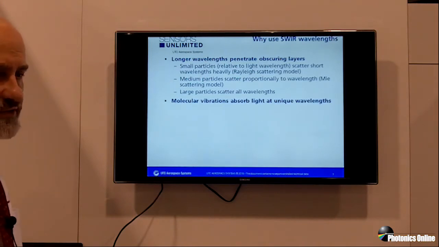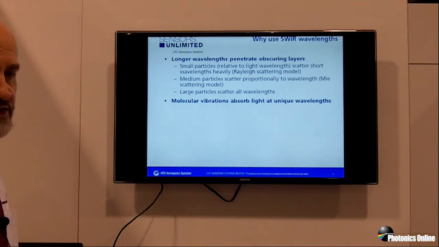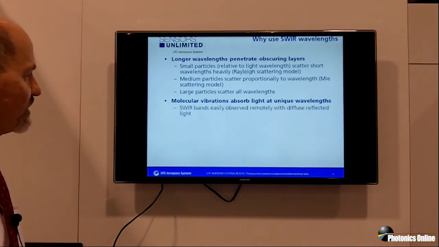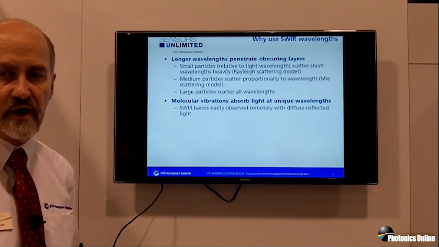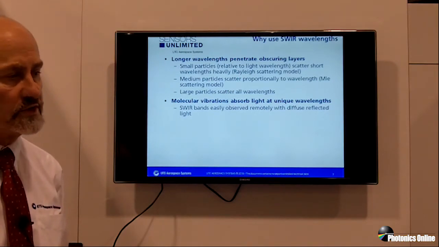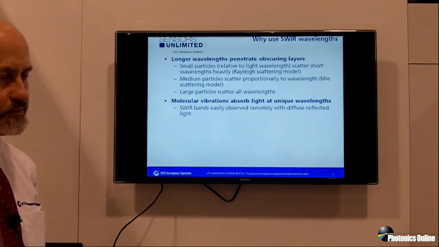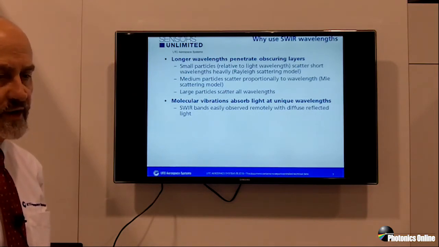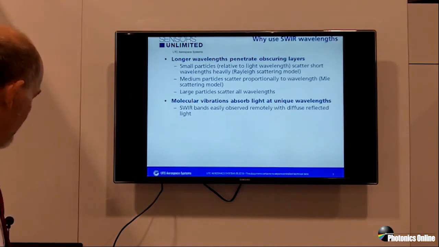Another principal driver for using SWIR wavelengths is that molecular vibrations absorb characteristic, unique signature wavelengths. And so that can be used to remotely detect the chemistry of things like pharmaceuticals, plastic recycling, separating trash out from agricultural leaf products that are being harvested.